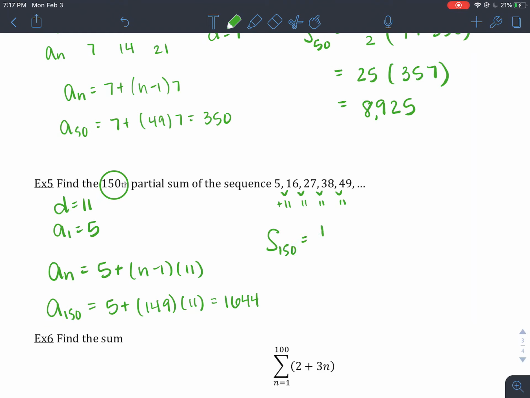So S sub 150 is 150 over 2 times 5 plus 1644, which gives me 75 times 1649, or 123,675. Whew, very glad I didn't have to add up all those numbers by hand.